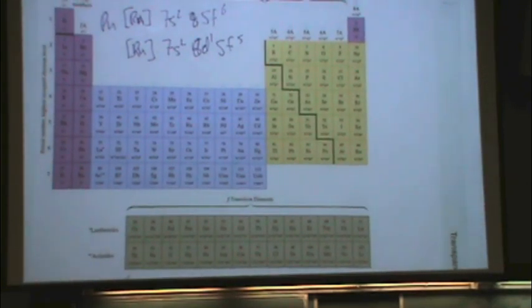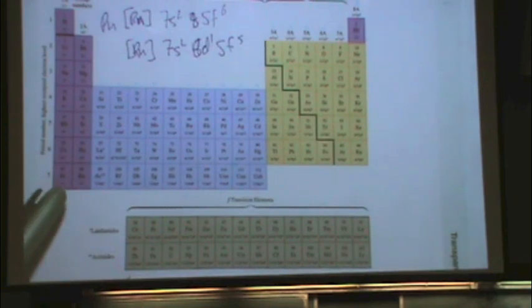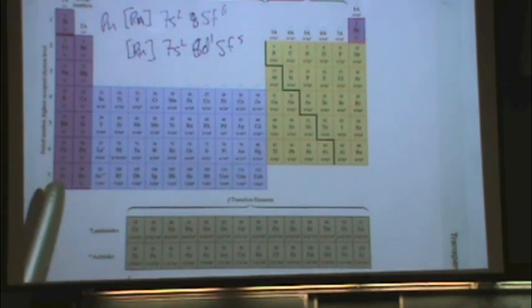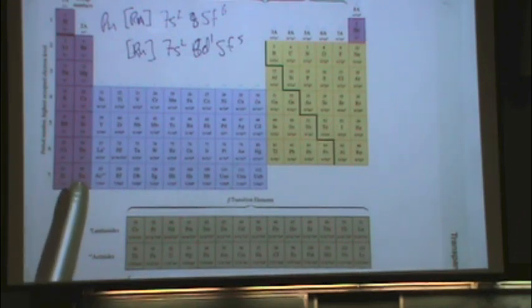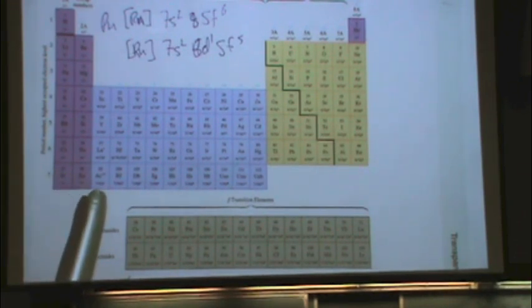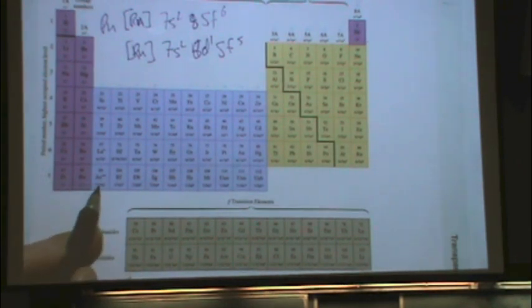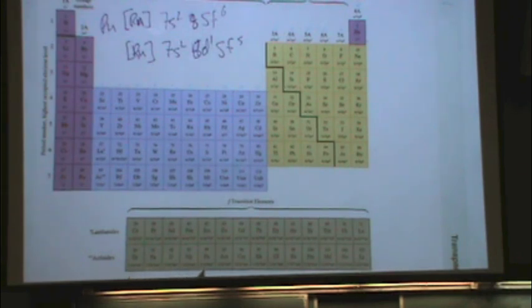As you can see, in this case what we would do is we're starting here, right? So we were at radon, we're trying to get to plutonium, Pu. So we'd start by filling up our 7s2. Then we'd fill up this one right here, it'd be our 6d1. And then after that, we'd move from 89 to 90 across to plutonium.